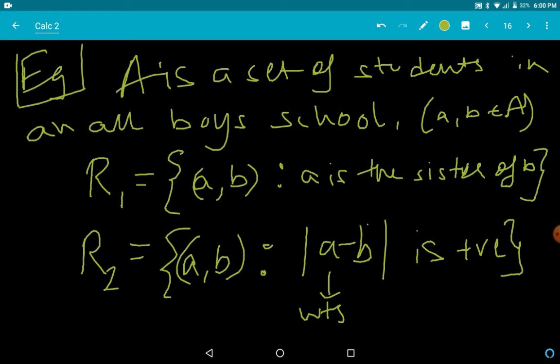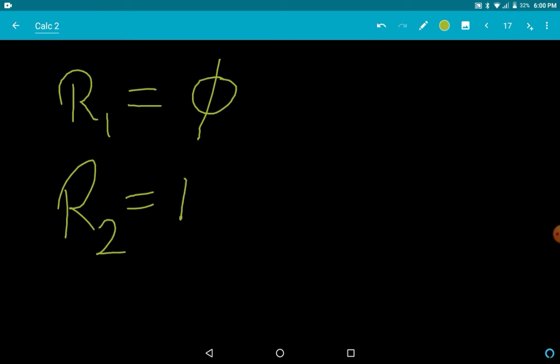The difference of weights is always positive with the mod. Whatever the weights may be, all the students will have some difference in weight. Nobody is perfectly equal in weight to anybody, so this will have some value and the mod of that will always be positive. So this whole R will be nothing but A cross A.